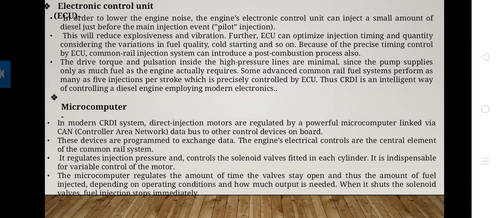The engine electrical controls are the central element of the common rail system, and they regulate the injection pressure and control the solenoid valves which are fitted in each cylinder. This microcomputer regulates the amount of time that the valves stay open, and thus the amount of fuel injected, depending on the operating conditions and how much output is needed. When it shuts the solenoid valve, fuel injection stops immediately.